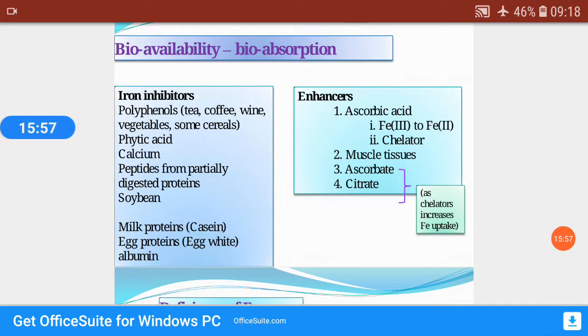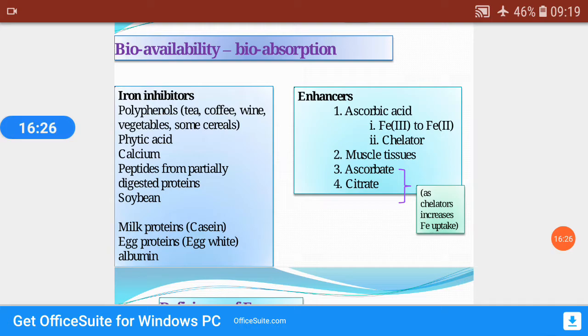And in that case, certain inhibitors which inhibit the absorption of iron are polyphenols, examples that are present in tea, that is tannins, etc. Okay, coffee, wine, that is in several beverages, vegetables and some cereals which contain polyphenols which inhibit the absorption of iron.